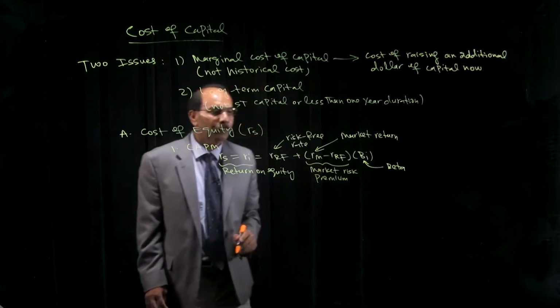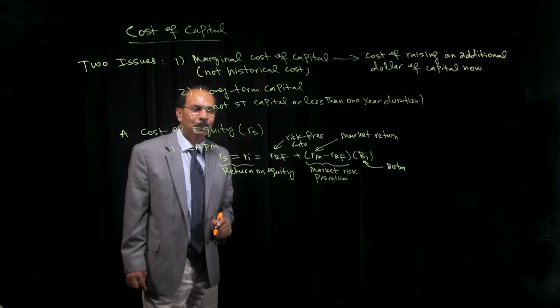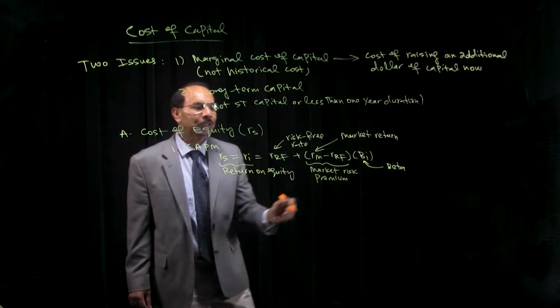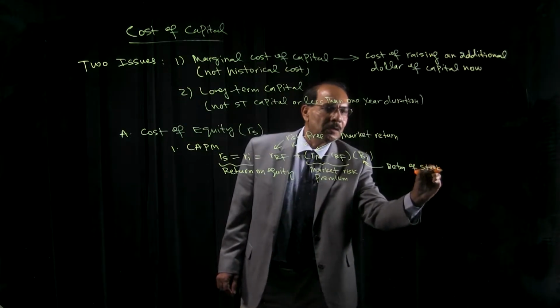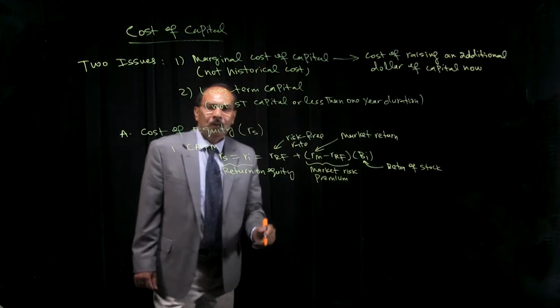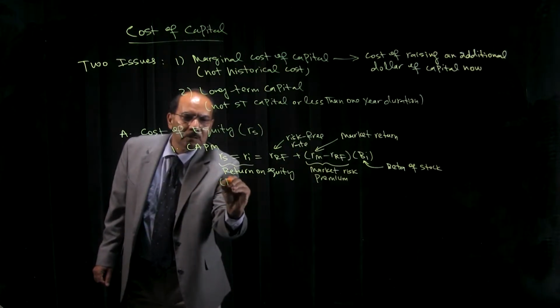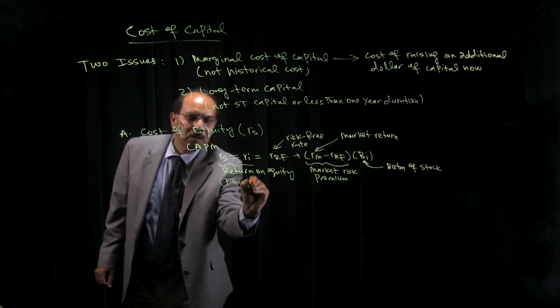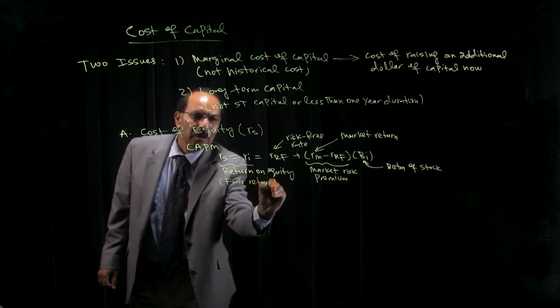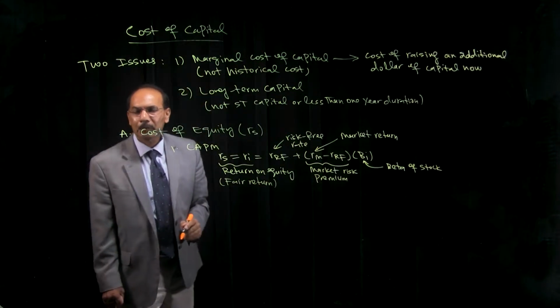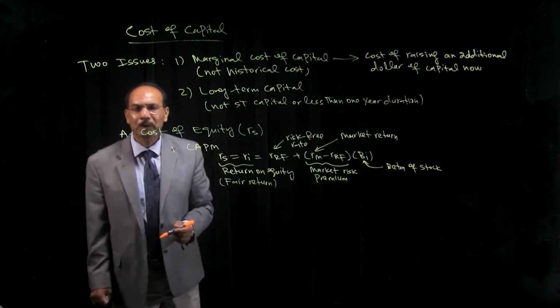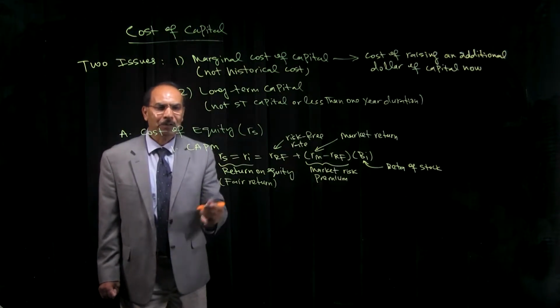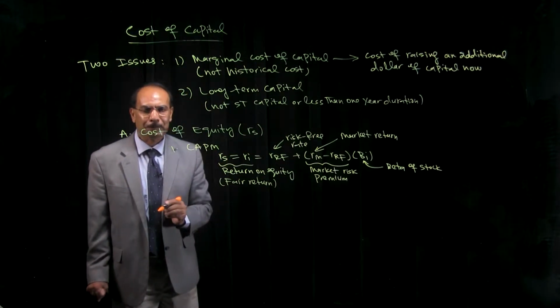We also call it the market risk premium, and then we multiply it by the beta of the stock. And this is going to give us the fair return on the stock. That's what investors are going to be demanding for the firm. This is a competitive rate of return.